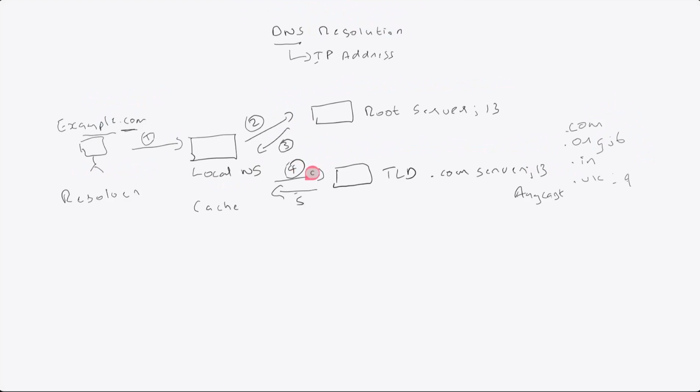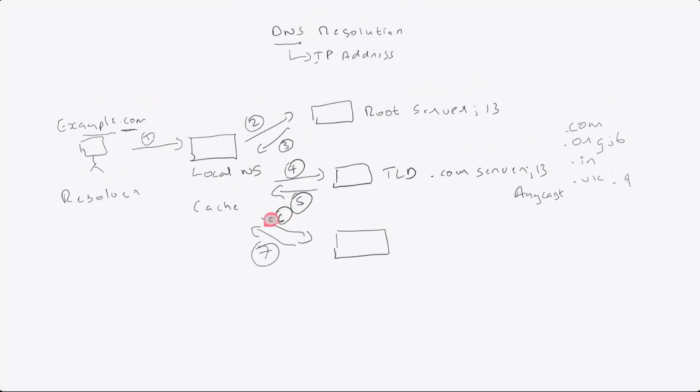That would be step 5. And then finally, in step 6, the local name server would query one of those name servers, which is given by the .com server. These name servers are associated with example.com, and one of them is finally going to give back the mapping to the local name server.